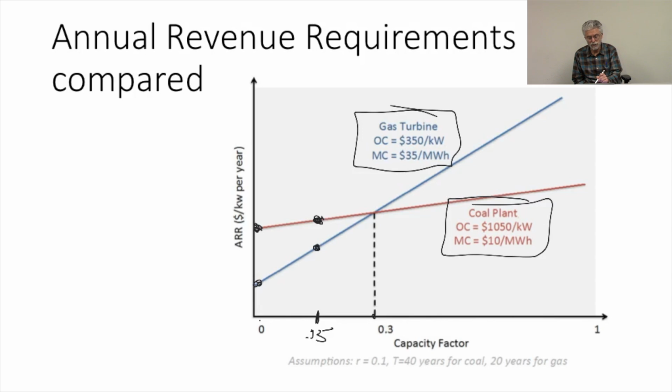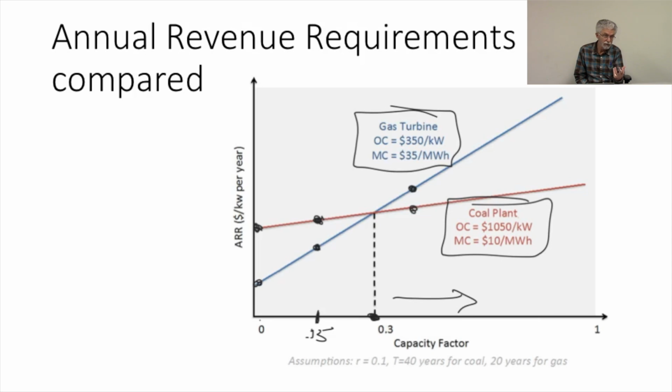And as you can see on the graph, the 30% capacity factor is where the annual revenue requirements for the coal-fired power plant and the gas turbine are equal. At any capacity factor higher than 30%, the baseload coal-fired power plant is a better deal in terms of its long-run cost of operation than the gas turbine. And so you would build a coal-fired power plant if the duty cycle was going to be higher than 30%.